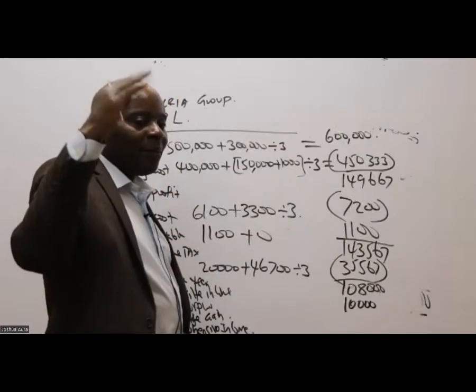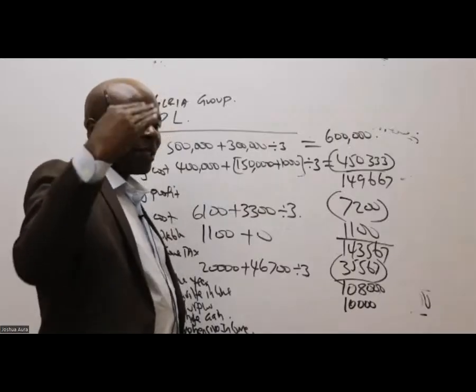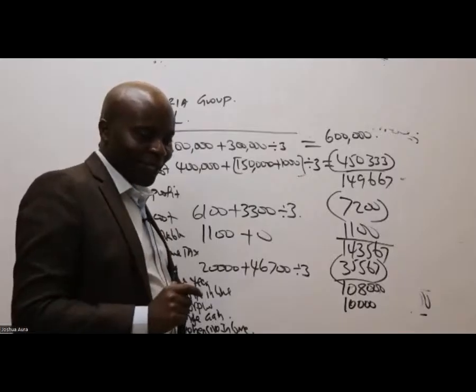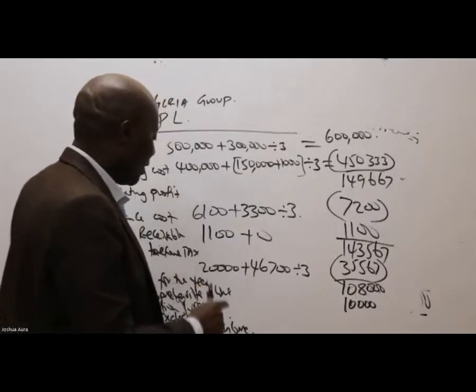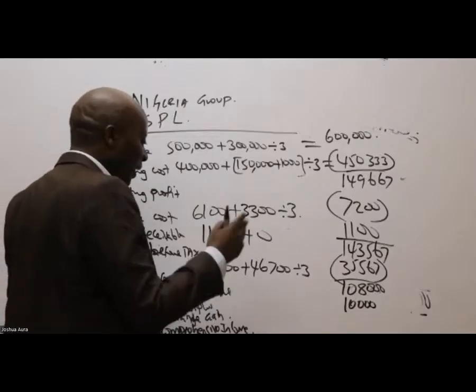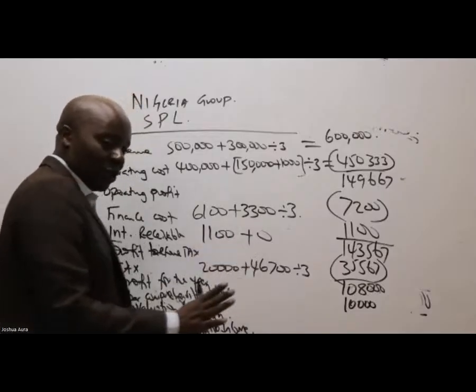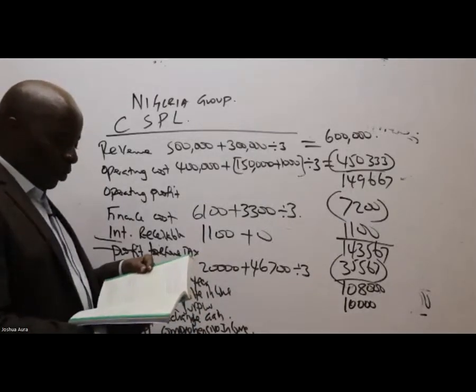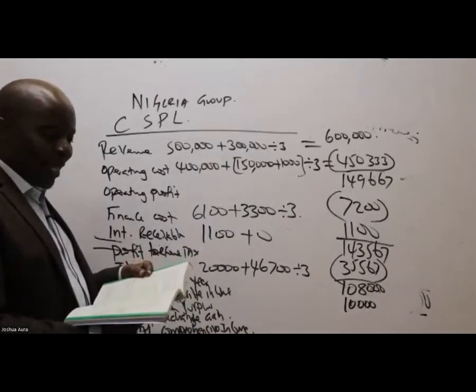We don't, in this case here, make any adjustments regarding depreciation on our revaluation account. We never do that. So this asset which was revalued upwards, 10,000, we simply pick it the way it is, that 10,000.